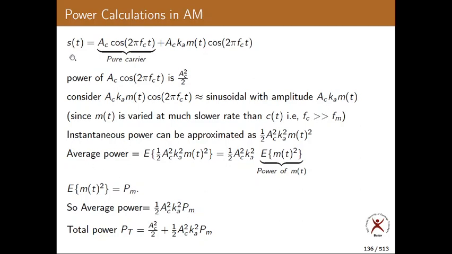The power of s(t) is called Pt, where Pt means transmitted power, transmission power. So Pt equals Ac²/2 plus 1/2 Ac² Ka² into Pm. Here Pm is the expectation of m(t) whole squared, which is nothing but the power of m(t).